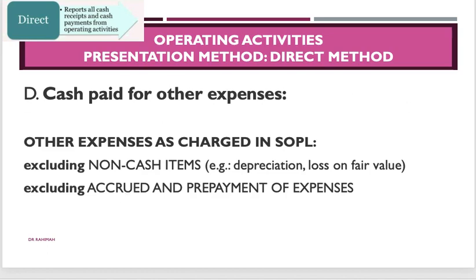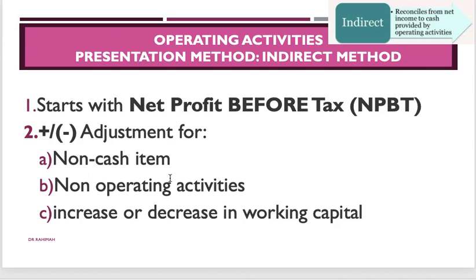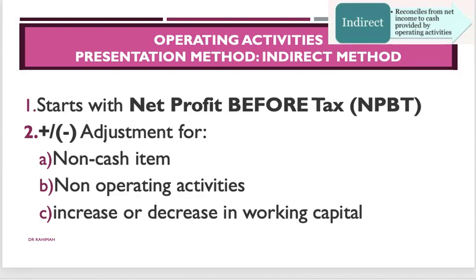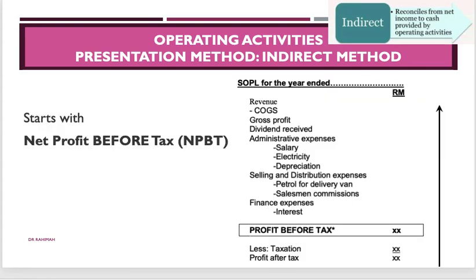If there is none, you can proceed with adjustment for the non-cash item. This is the one that I mentioned on the indirect method. So basically, when you calculate using a direct method and indirect method, you should arrive at the same figure for the operating activities, the cash flow from operating activities.